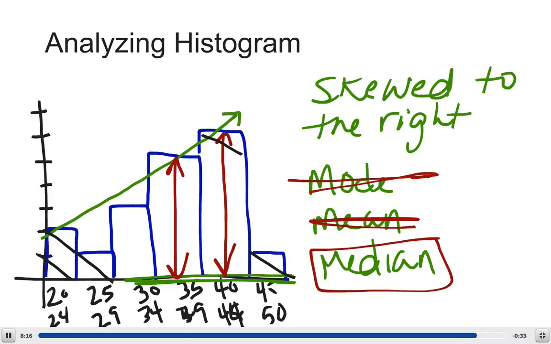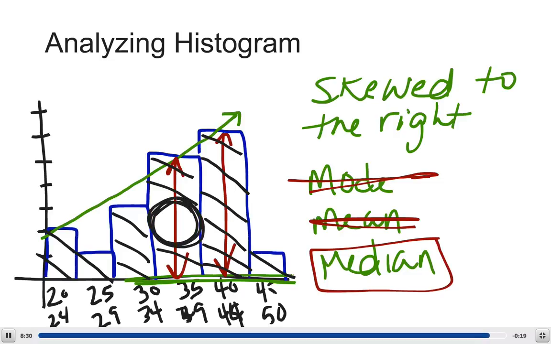The next one up has 2. Then I go 1, 2, 3, and 1, 2, 3. And then I have 1 here and 1 here. I'm getting towards the middle, so I know that this part is going to be the median of my data set. I don't know the actual specific number, but I do know my interval range. So my median is going to be the interval of 35 to 39.